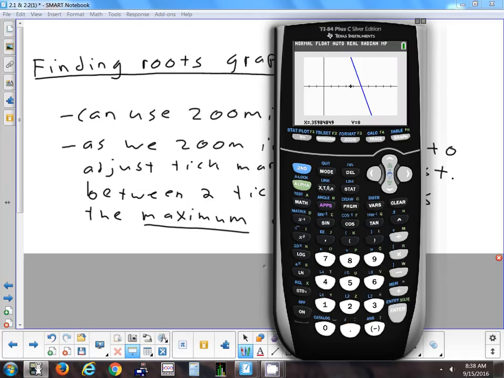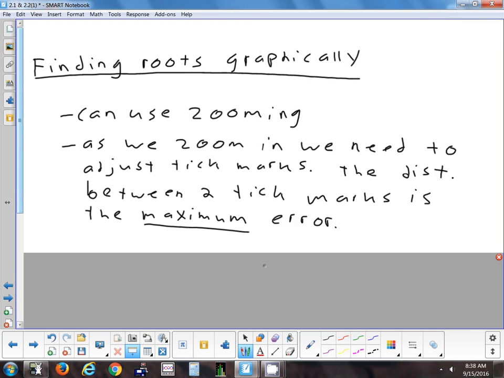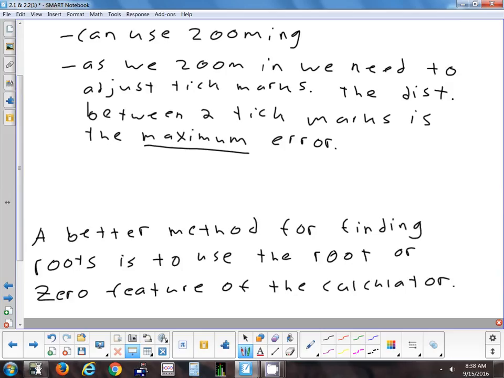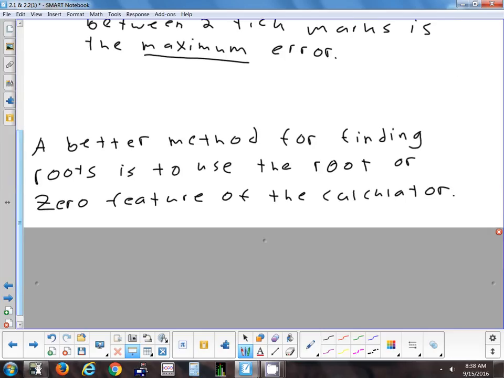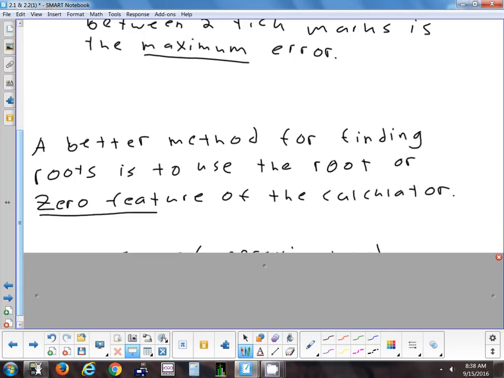And what was even worse is if it didn't cross right on a tick mark, then you have to keep zooming in and adding more tick marks and then try to figure out what 2 tick marks it was between and get an answer the best you could. Right? We don't have to do that anymore. Since we've got this menu, we can just use second calc 0. Right? So that's the feature that we use now.